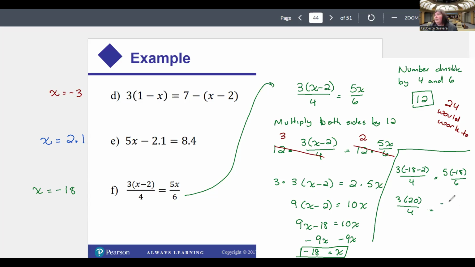This is going to be negative 90 divided by 6. So this is negative 60 divided by 4. Negative 90 divided by 6 is negative 15. And negative 60 divided by 4 is also negative 15. So this worked out. That means, yes, this actually is the solution to F.